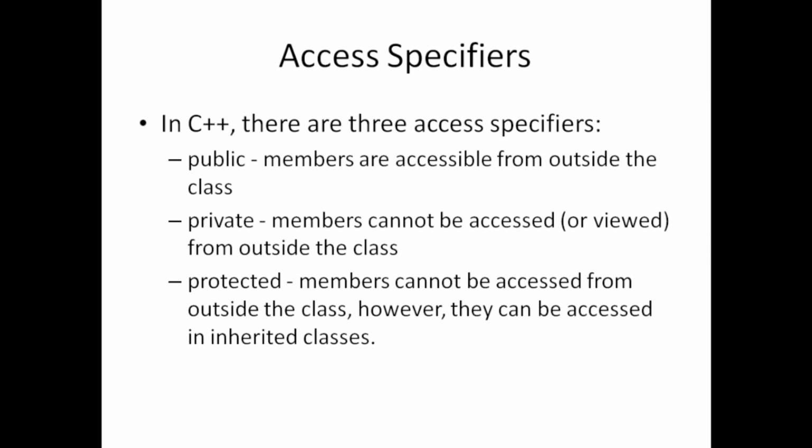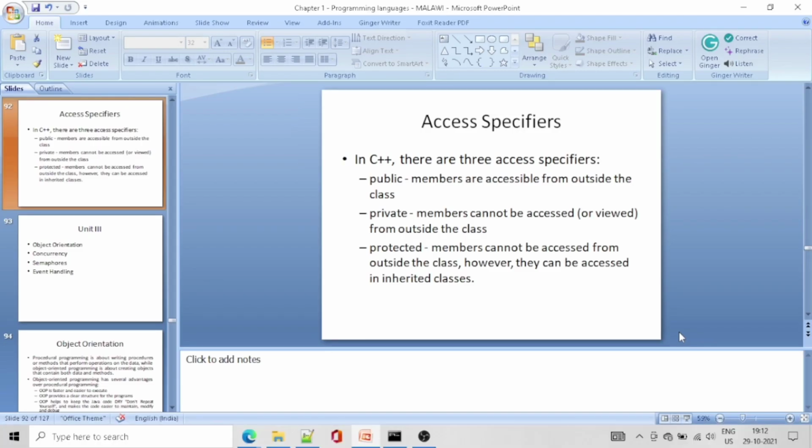In C, we will use public and private because there is no inheritance in C. In Java, there are more access specifiers. If possible, we will look into that too.